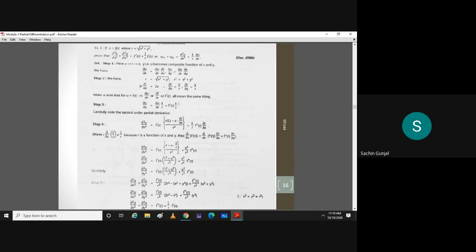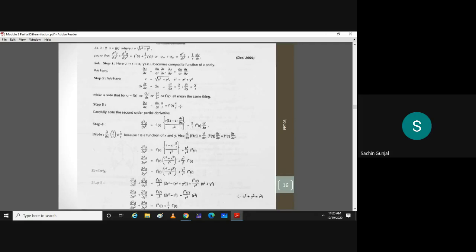So you need to apply the quotient rule: r into the derivative of x, which is 1, minus x into the derivative of r with respect to x, divided by r squared.